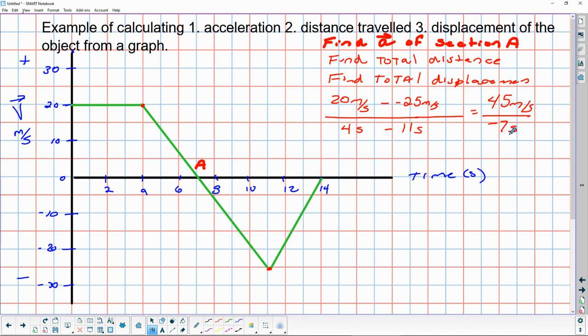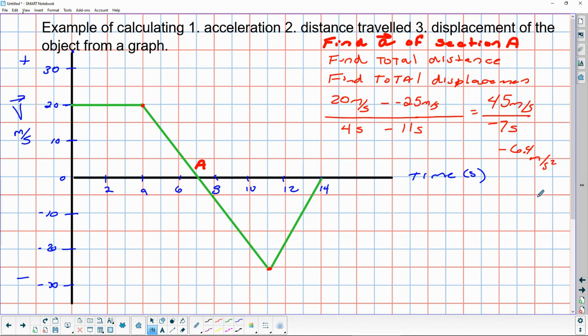What's 45 by 7? 6.4, negative. And it's meters per second squared because those are both on the bottom. Let me get that a little neater, please. I'm sorry about that. Meters per second squared. So that's our acceleration, very similar to what we did with the other graphs.